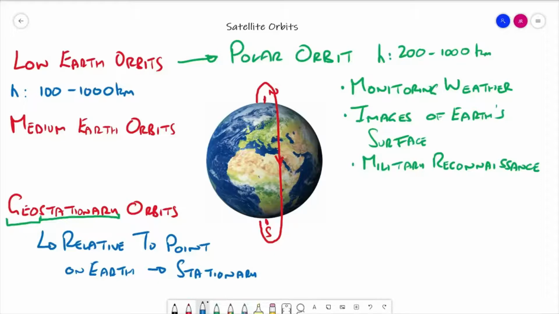Now, medium Earth orbits are obviously in between, so they're between low Earth orbits and the geostationary orbits.